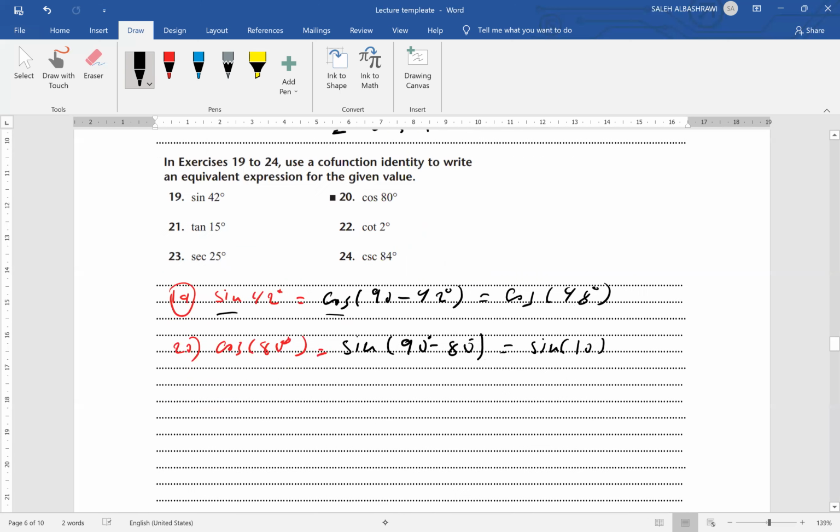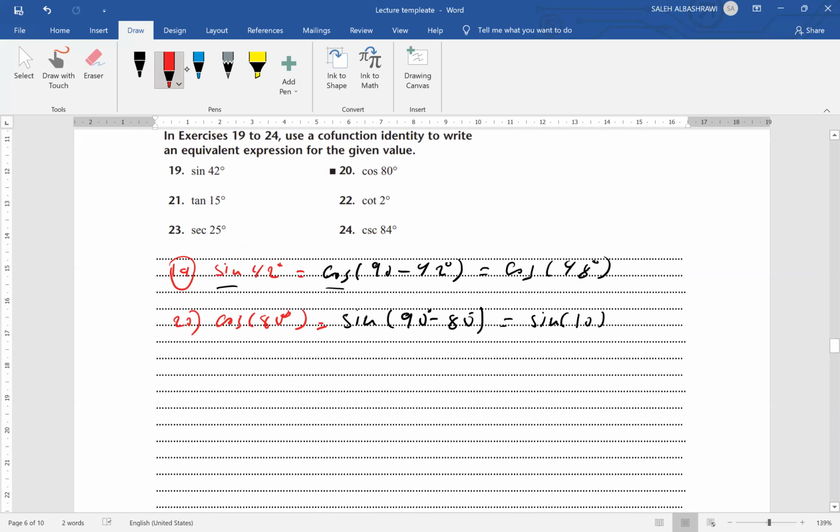Number 21: tangent of 15 is equivalent to cotangent of 90 minus 15 degrees, which will give me cotangent of 75.